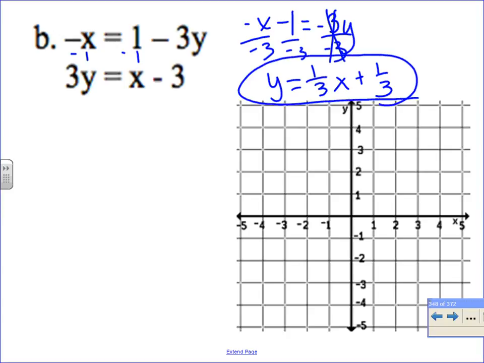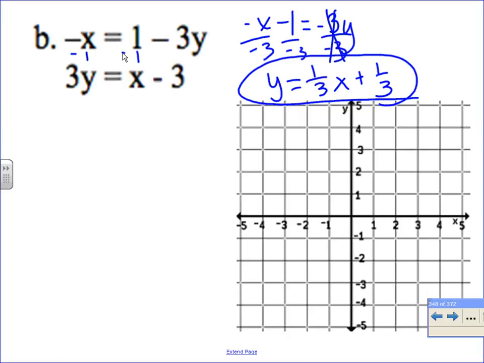Yes, Annalise? Did you do what we did? Did you minus 1 on both sides and then divide by negative 3? Negative divided by a negative is a positive. Okay, the second one, Jeremy, what's the first thing we should move to get this into y equals form?